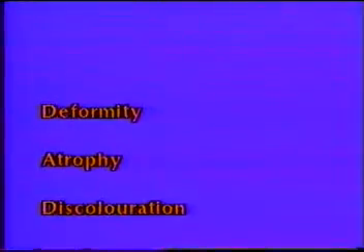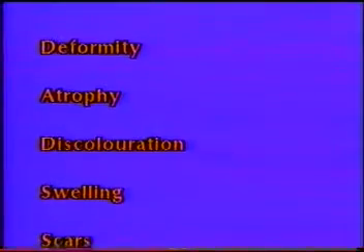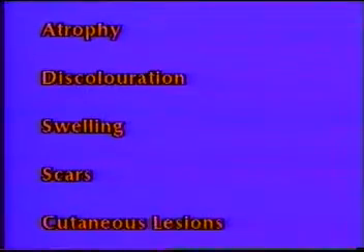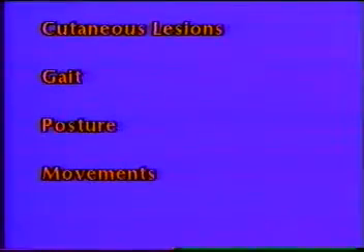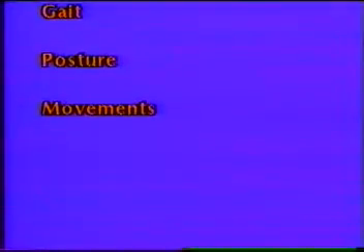Inspection. Items to be considered during inspection include deformity, atrophy, discoloration, swelling, scars, cutaneous lesions, gait, posture, and movements.